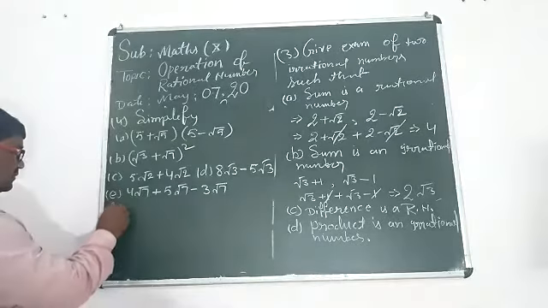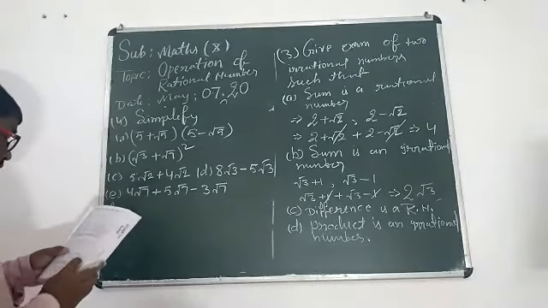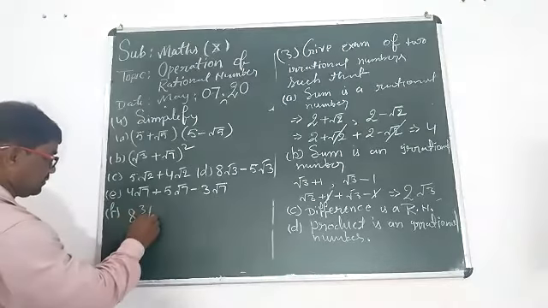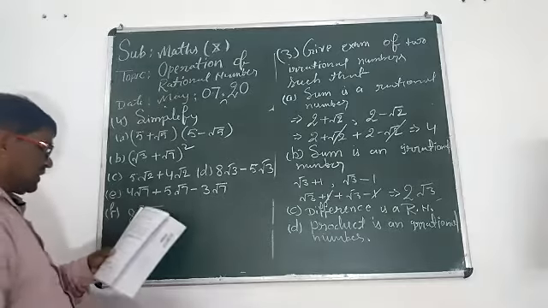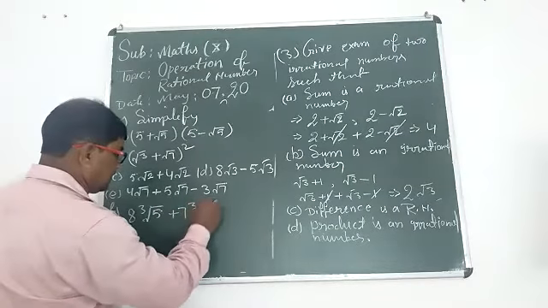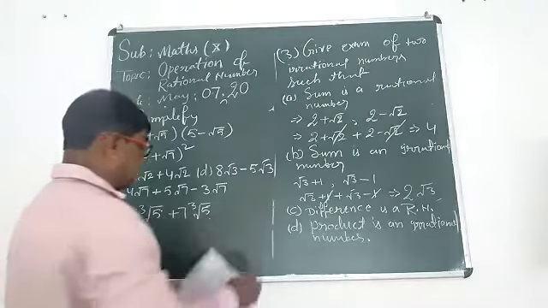F, 8 third root 5 plus 7 third root 5 minus 13 third root 5.